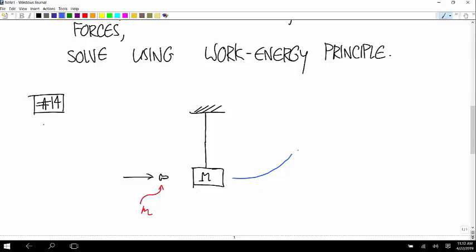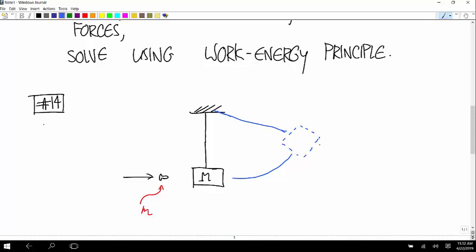And it swings up to a height. This is going to be part of a circle because the length of that string is going to stay the same the whole time.